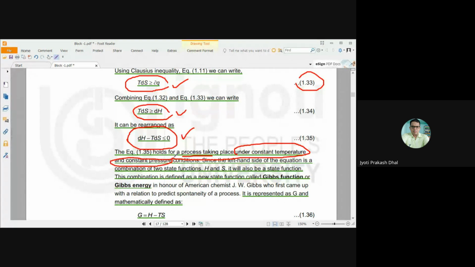The previous one, that is dA minus TdS, was for a process taking place at constant temperature and constant volume. But here the process is taking place at constant temperature and constant pressure.